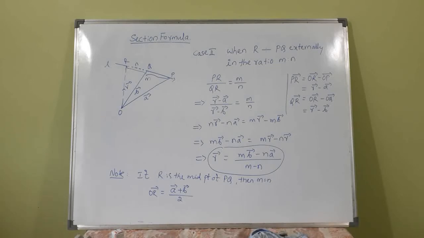That implies, on simplification, vector R or OR is equal to (mB minus nA) divided by (m minus n).